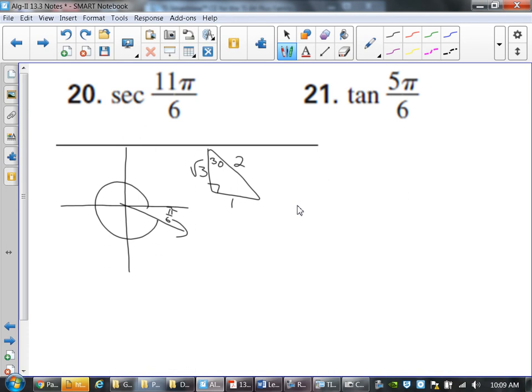Secant is the inverse of which one? Cosine. So cosine would be root 3 over 2, and secant would be the reciprocal of that: 2 over root 3. Is cosine positive or negative in the fourth quadrant? It's positive. Cosine is your x value, so you're positive again.